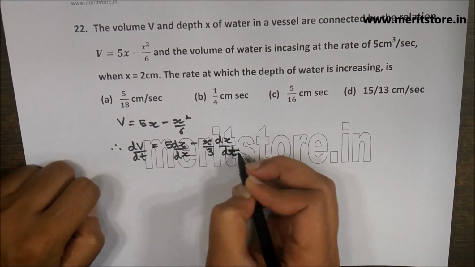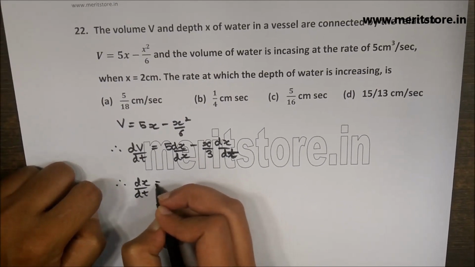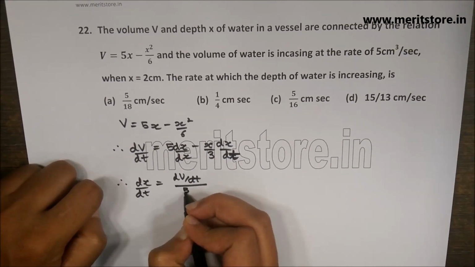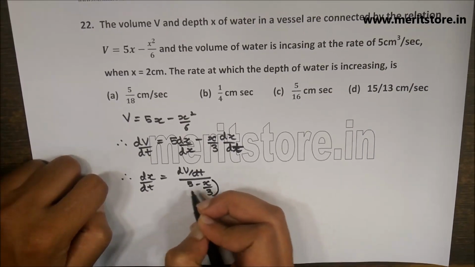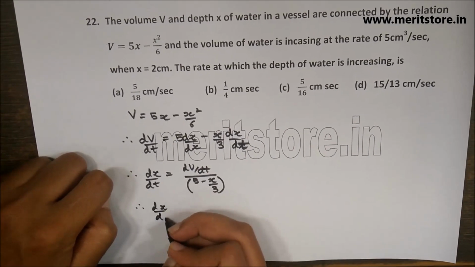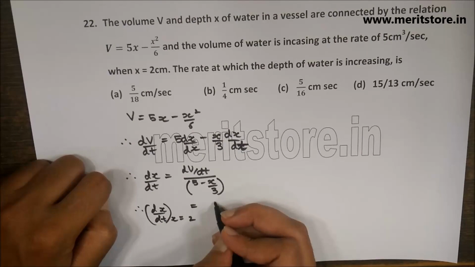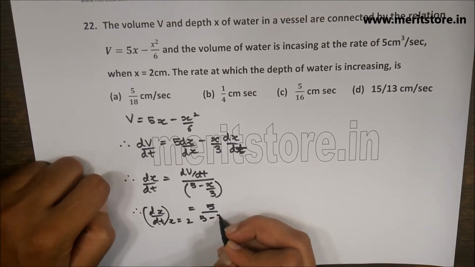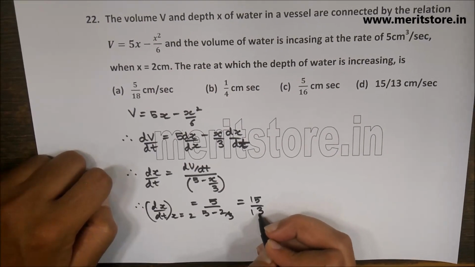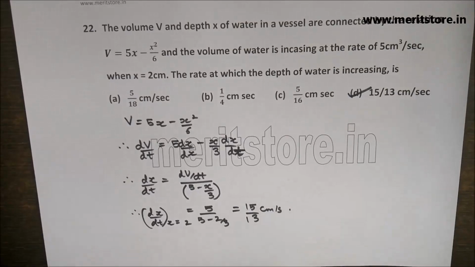Putting dx by dt on one side, we get dx by dt is equal to dV by dt divided by 5 minus x by 3. Therefore, dx by dt at x equal to 2 is equal to 5 upon 5 minus 2 by 3, which is equal to 15 upon 13 centimeter per second. So option D is the correct option.